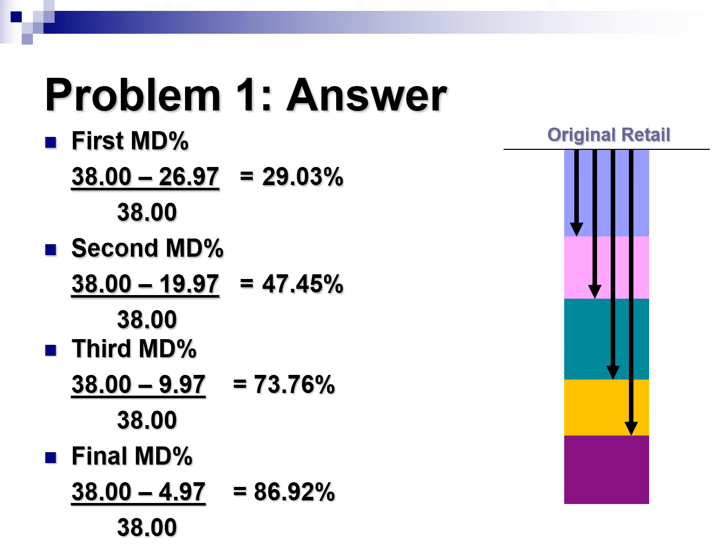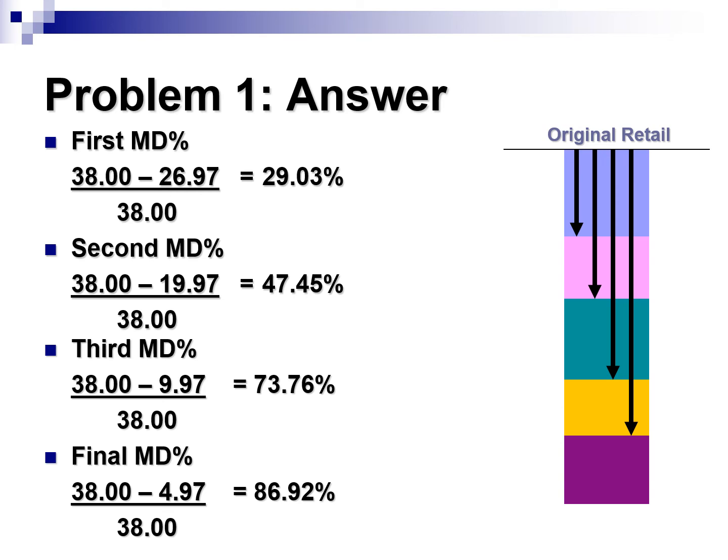So we have a higher dollar markdown in the numerator than the first markdown. Divided by the previous retail of $38, that gives us 47.45% markdown. The third markdown is the same way: 38 minus $9.97, because the third retail price was $9.97, right? Divided by 38, that's the 73.76% markdown.